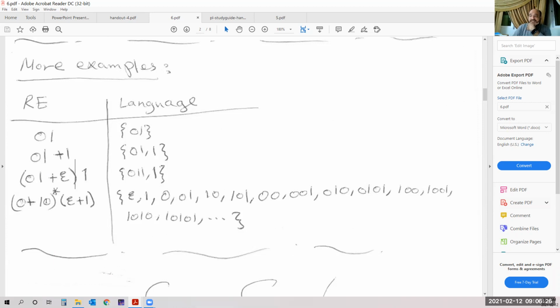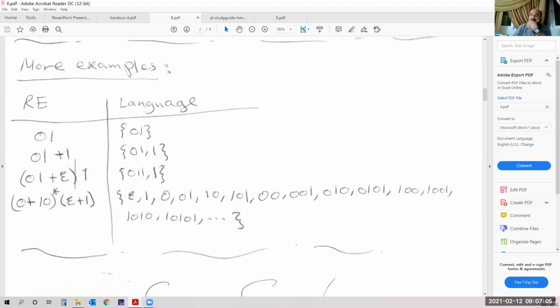If I have 0 plus 1, 0 star, concatenated with epsilon and 1, I can have epsilon, 0, 1, 1, 0, 0, 1, 1, 0, 1, 0, 0, 0, 1, and so on.